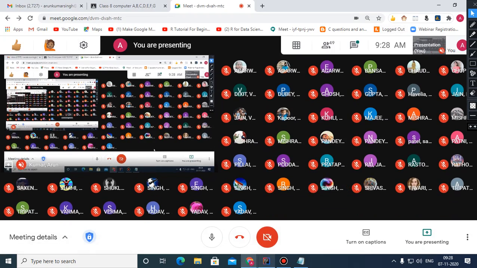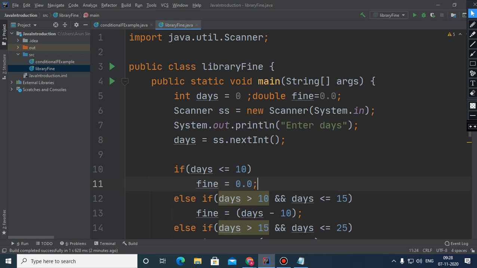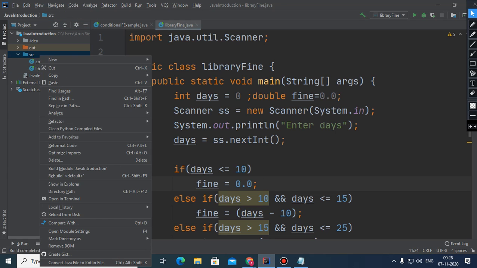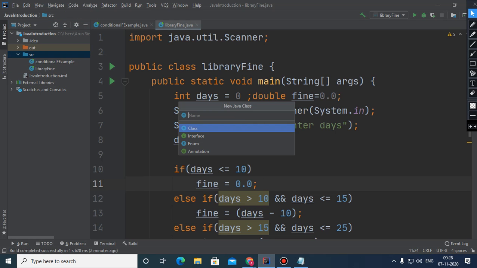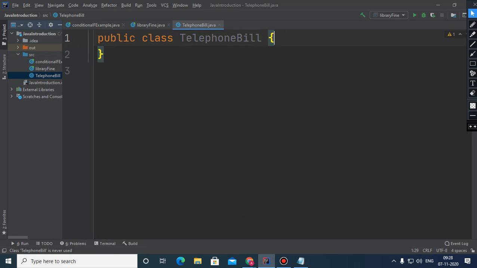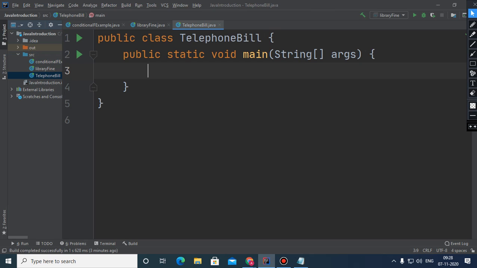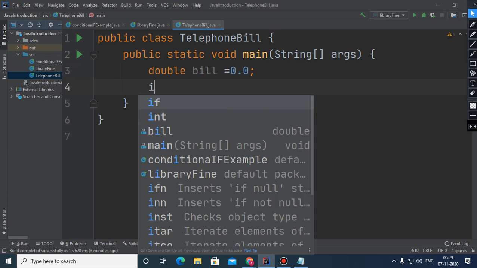So your approach should be like here you can write telephone bill, and this is the main method. This is bill and these many calls.